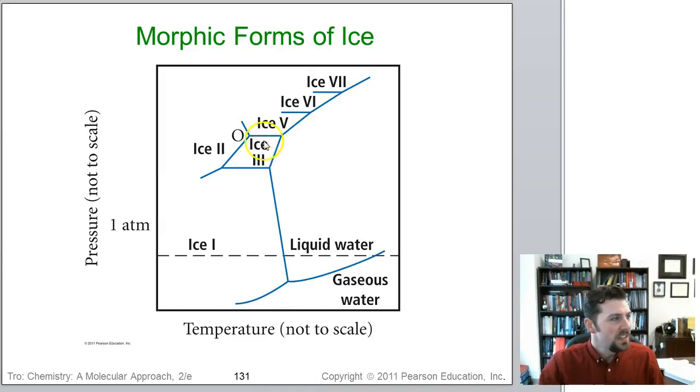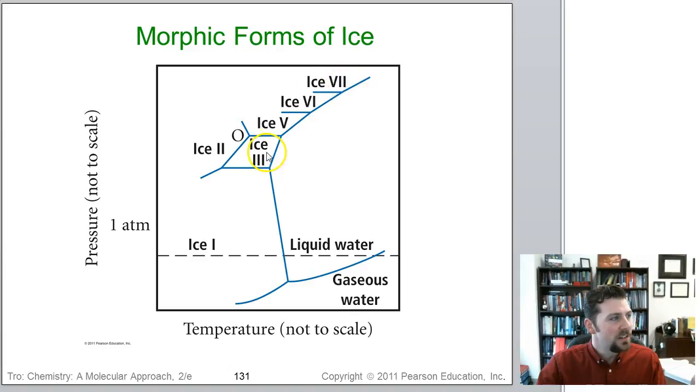Notice we give these different phases of water different titles. So we have ice 1, ice 2, ice 3, ice 5, 6, and so on. Notice ice 4 is missing. That's an interesting story there. Anyhow, under these particular pressure and temperature conditions, we can get water to switch into its different crystalline forms.